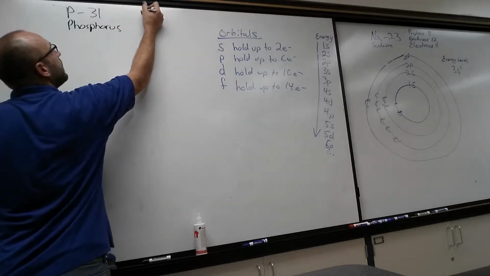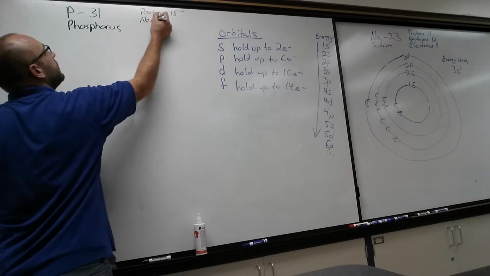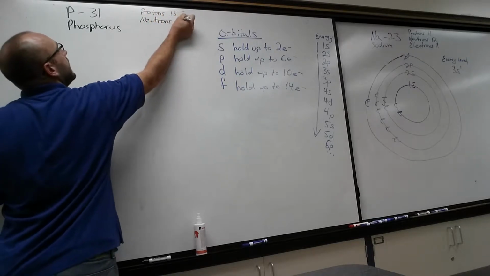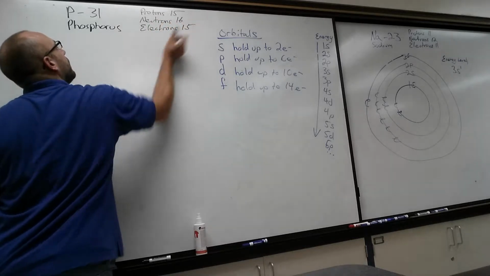How many protons in phosphorus? 15. How many neutrons in phosphorus 31? 16. And how many electrons are we assuming at this point? 15. All right. Very good.